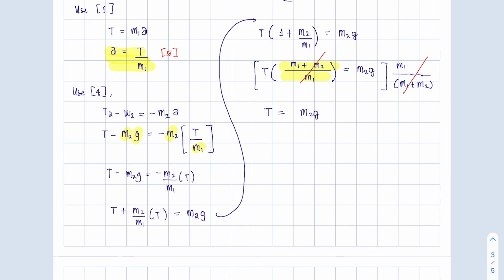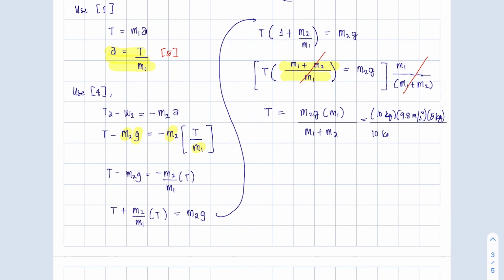m2g multiplied by m1 all over m1 plus m2. So here, you just plug in the values. M2 is 10 kilograms, g is 9.8 meters per second squared, m1 is 5 kilograms, and then divided by the sum of the masses.